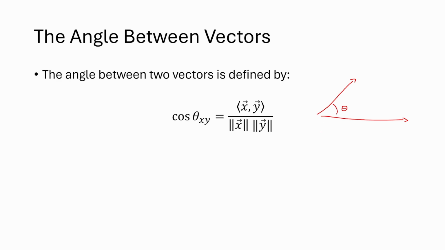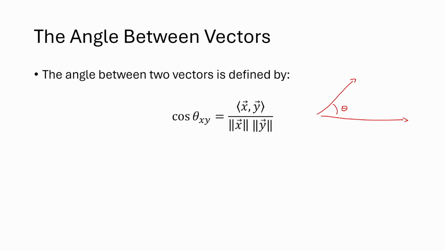But operationally, I want you to know that you can calculate the angle between any two vectors. The way you calculate that angle is to follow the formula on the slide. Take their inner product, divide by the norm of the first vector, divide by the norm of the second vector. As a result, you get some number between -1 and positive 1.